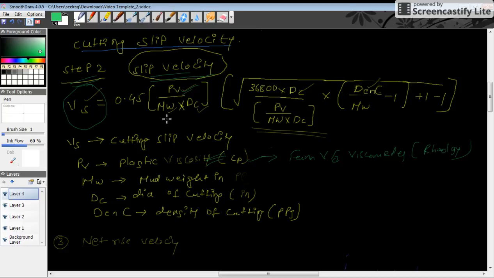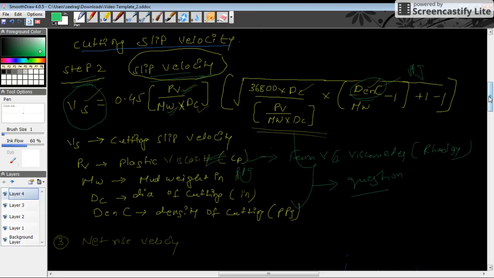Then we have mud weight, which can be measured with a mud balance and is recorded in PPG or SG. DC is the diameter of cuttings in inches, and density is the density of cuttings in ppg. We will get all these data from the question, and by inputting them, we can calculate Vs, the cutting slip velocity.